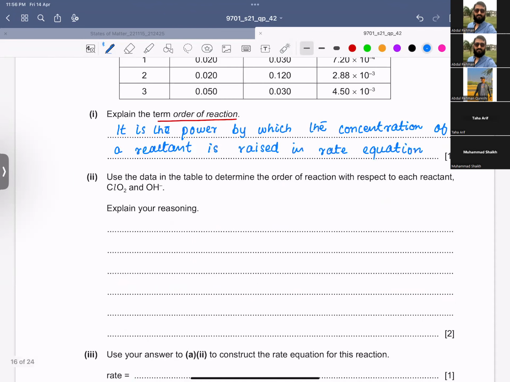Now, in the next part, use the data in the table to determine the order of reaction with respect to each reactant, ClO2 and hydroxide. Explain your reasoning.